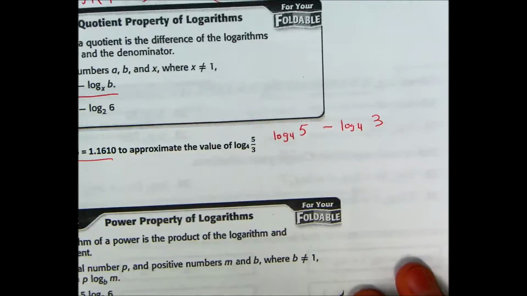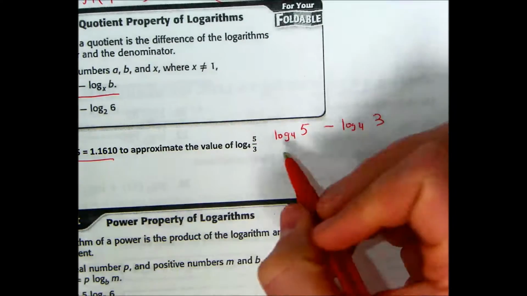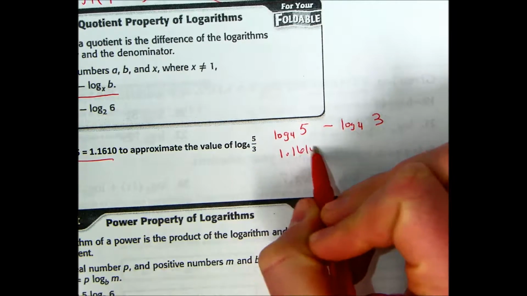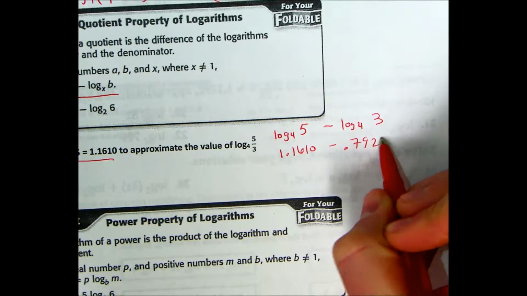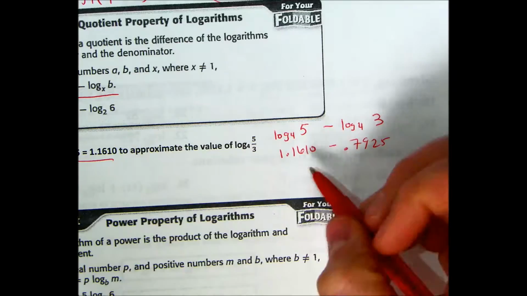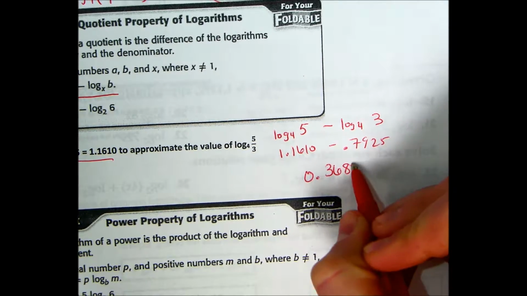So now I know that this is just 1.1610 minus 0.7925. And you use classic subtraction with your calculator, and you have 0.3685. So that's if you have quotients.